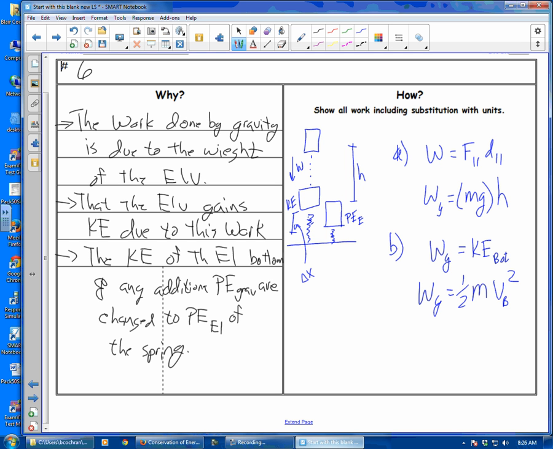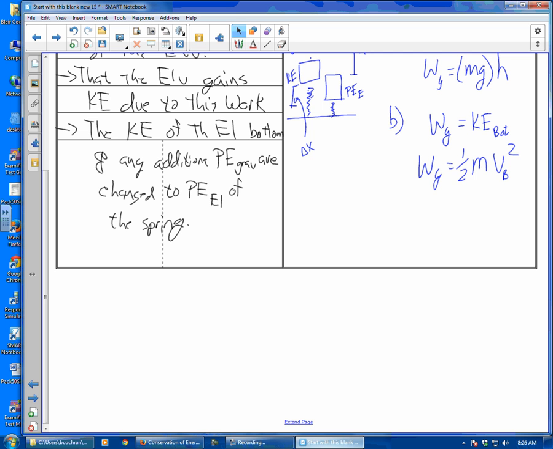And then part C is the trickier part, because in part C we could also approach it that energy is conserved in this whole system.